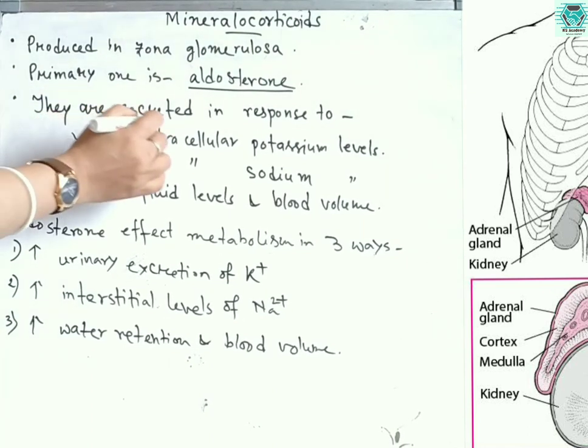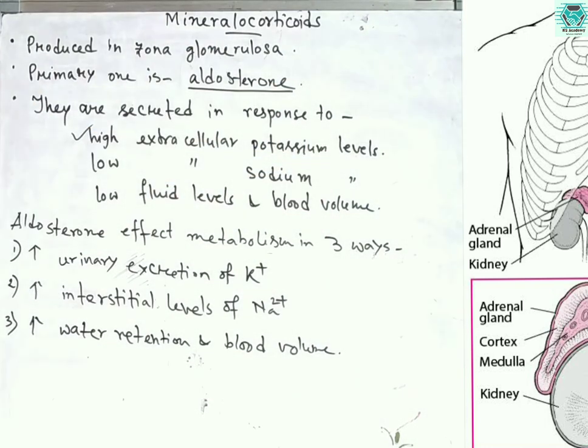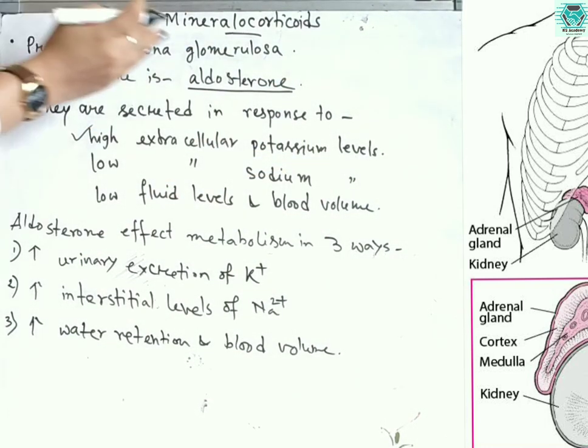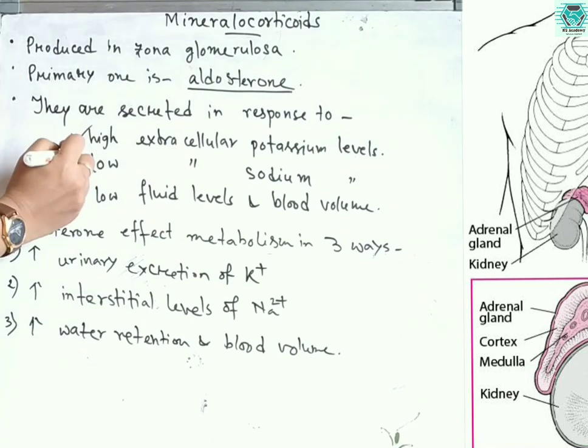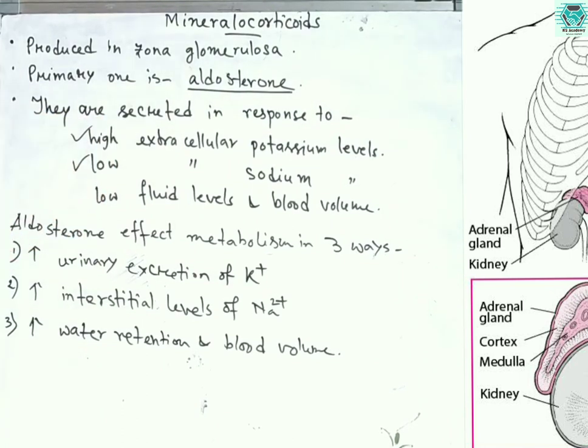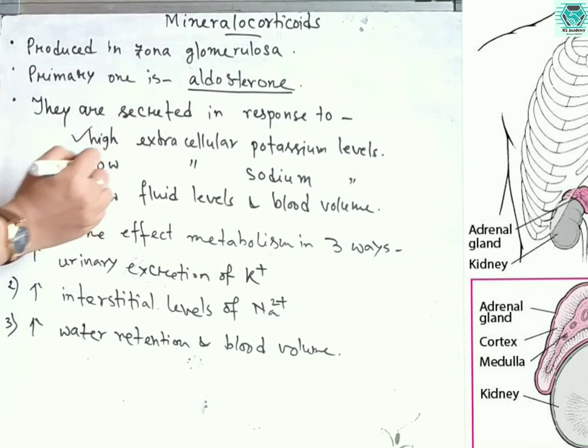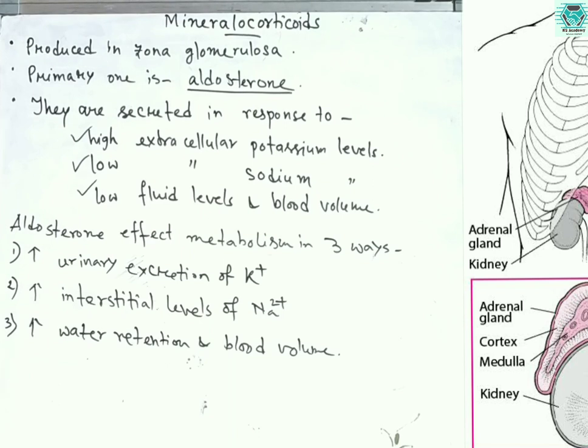So if high extracellular potassium level increases, then aldosterone is stimulated, as well as if there is a low extracellular sodium level, it is also another stimulation for it, and low fluid level and blood volume. These kinds of indicators stimulate the production of aldosterone.